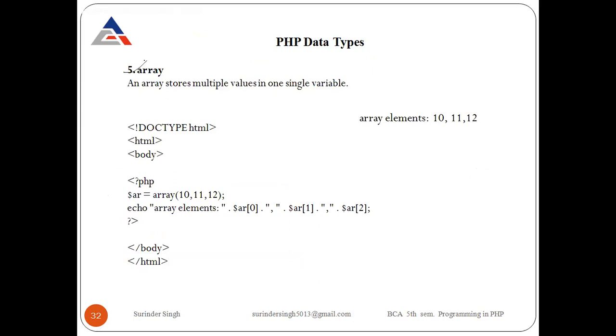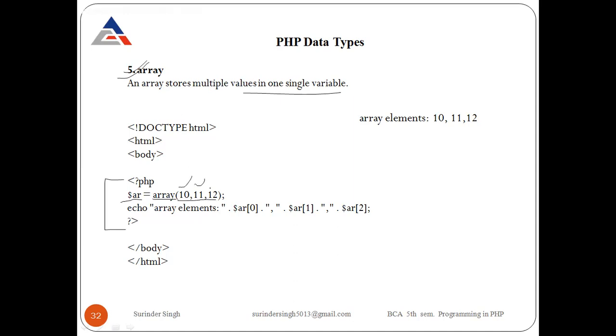Here we have an array. An array stores multiple values in one single variable. In detail we will learn it in further lectures. And how to declare an array in PHP: this is an array variable, we write array, and in brackets we pass the values.